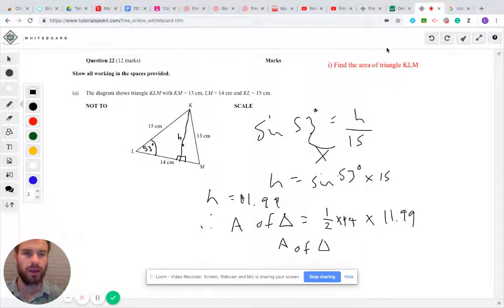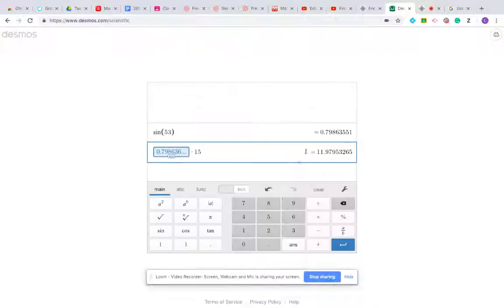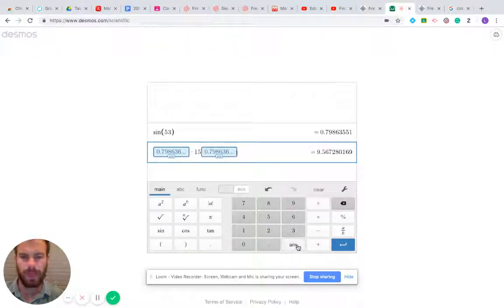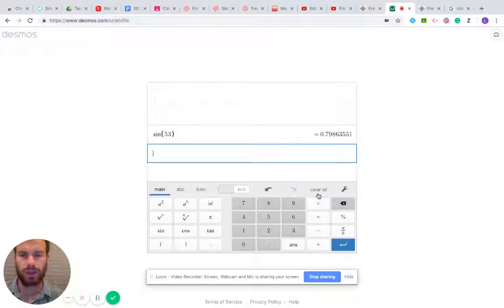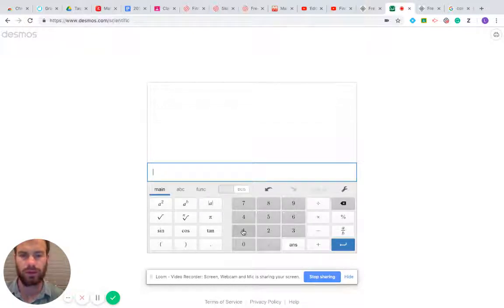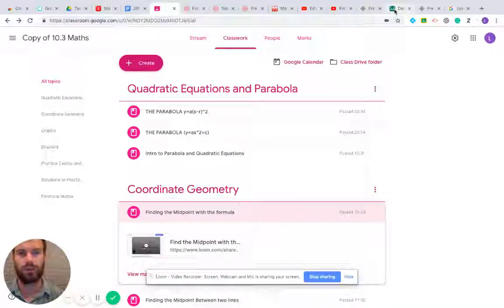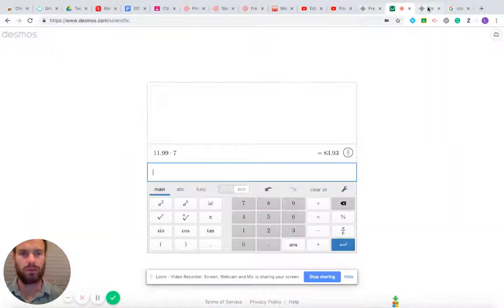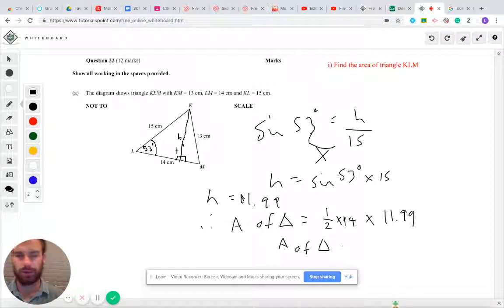Come back over here, 7 times 11.99 we're looking for. 11.99 times 7. Okay, good. And you get 83.99. The actual answer is just rounded up to 84 centimeters squared.